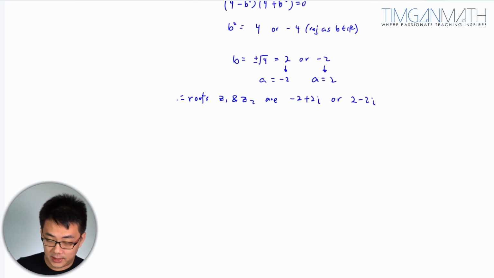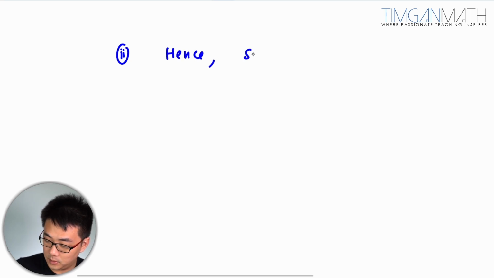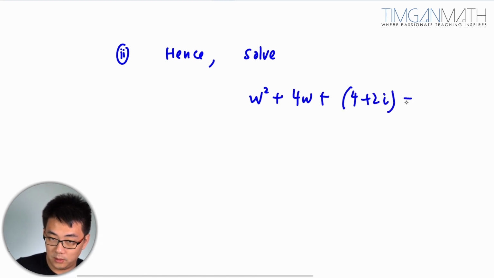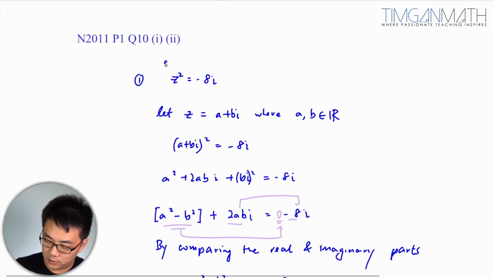Hence or otherwise, we are told to solve this equation: w squared plus 4w plus 4 plus 2i equals 0.